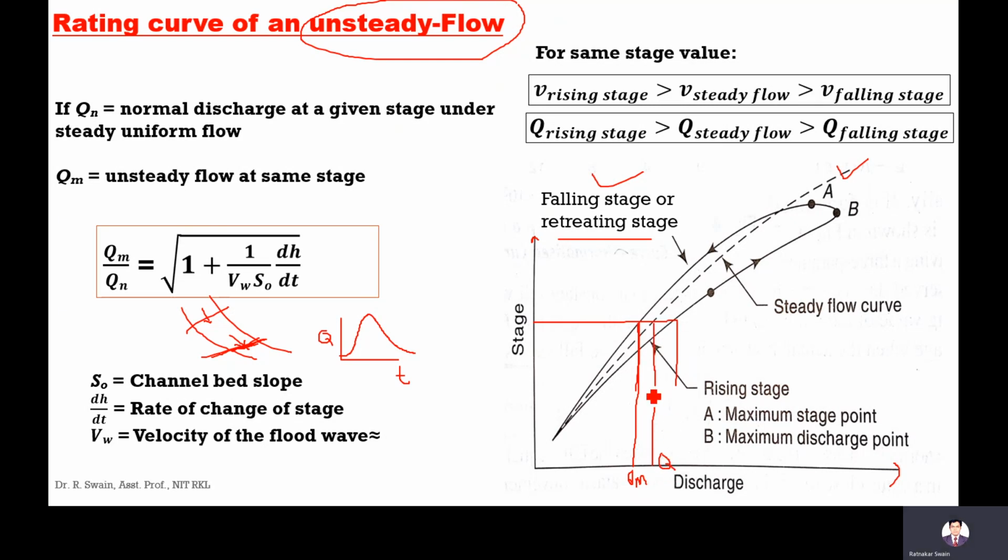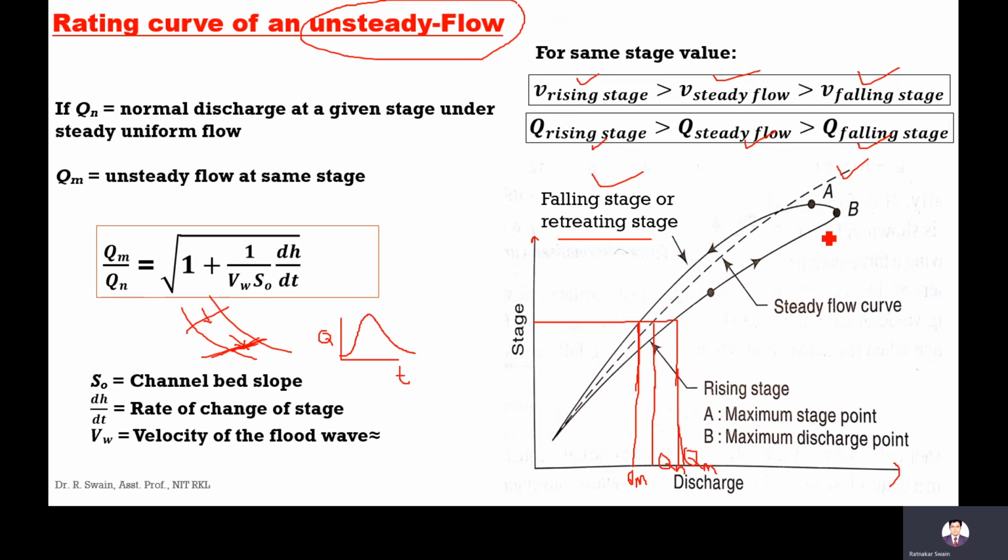This is the discharge of steady flow, taken as QN, steady normal flow. Here it is in the rising stage. So for a particular stage value, the discharge of the rising stage is more than the discharge in the steady stage, and more than the discharge in the falling stage. Similarly, the velocity in the rising stage is more than in the steady stage and the falling stage.